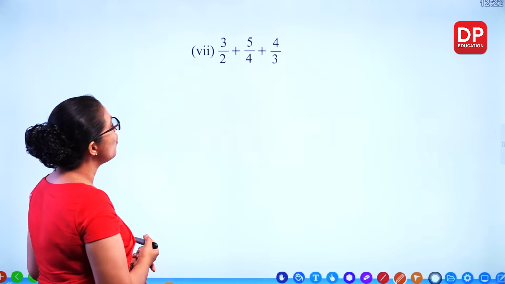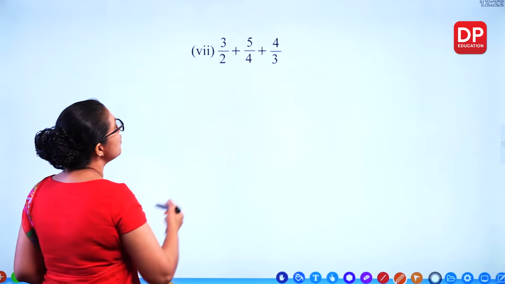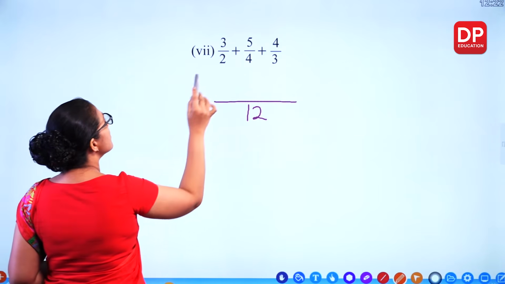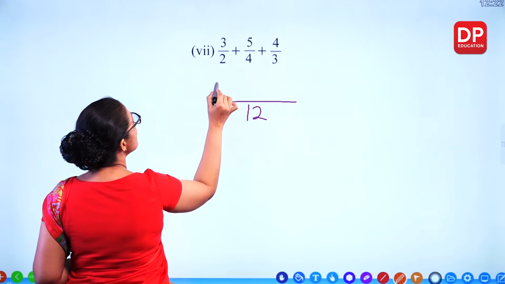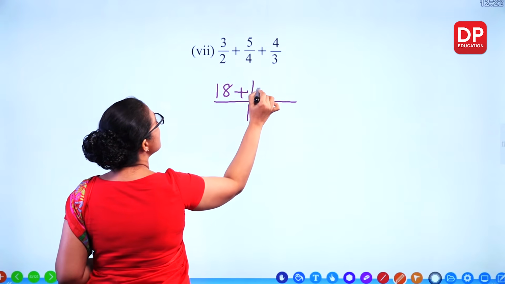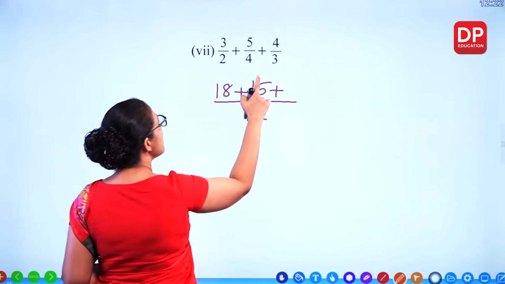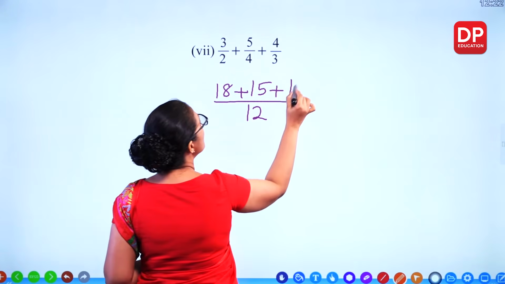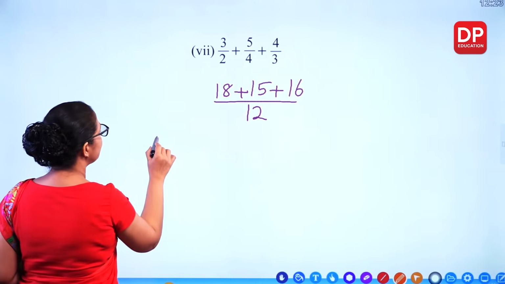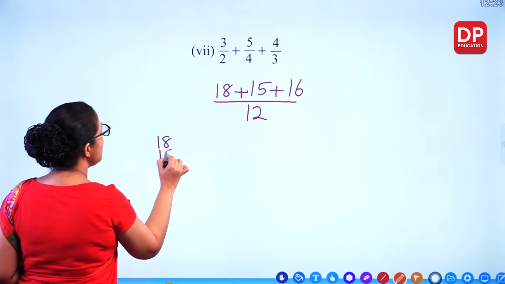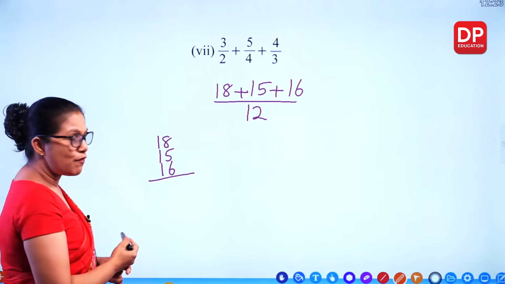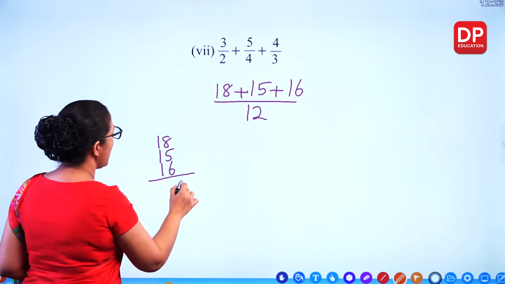This one, 2, 4, 3. So you need 12. That's the common one. Multiply by 6, you get 18. Multiply this by 3, you get 15 here. Multiply this by 4, 16. Now you can add all three together. 18, 15, 16. 8 plus 6, 14. 14 plus 5, 19.